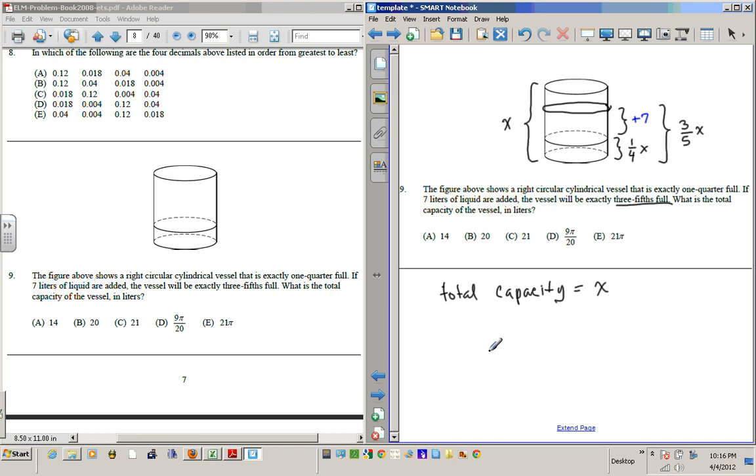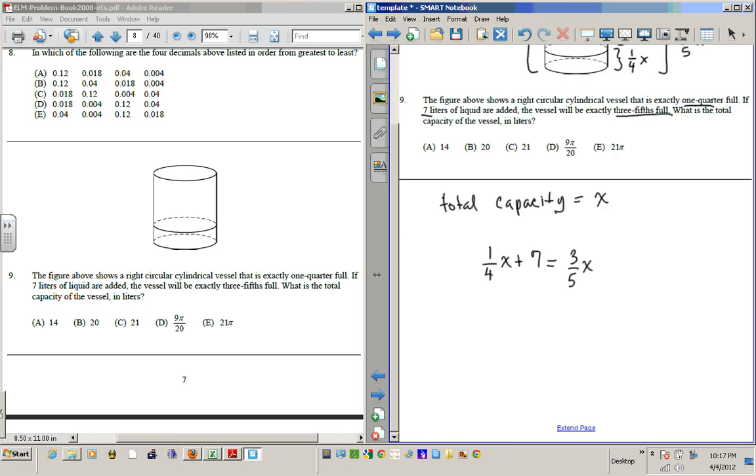Okay, so what is it? We have the original fraction, which is 1/4 X, plus the 7 liters that was added, equals 3/5 of the total amount. So that gives us this algebraic equation. Let's try and solve this. We're going to put X on one side, and then that will be our answer.